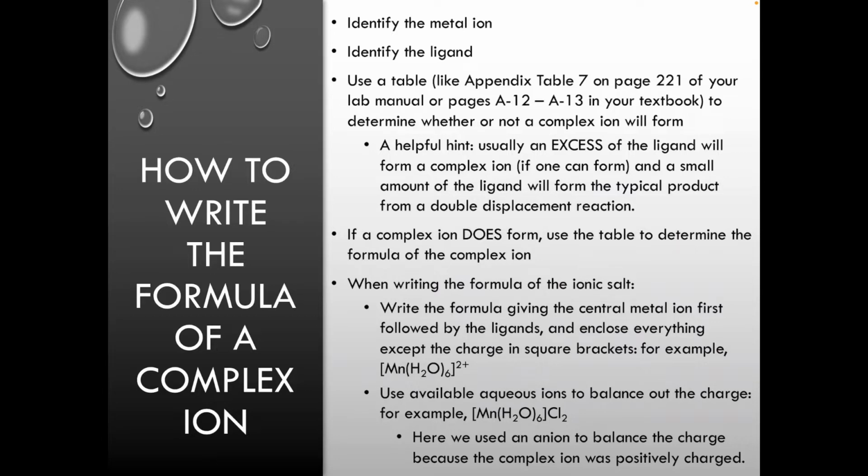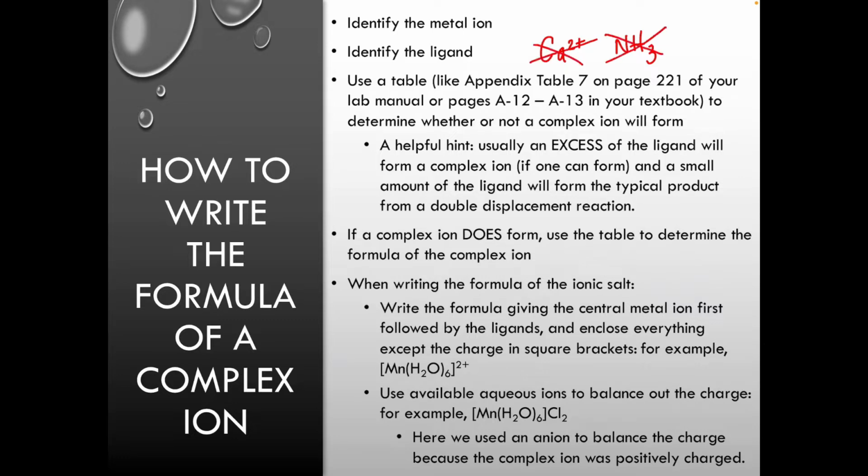Okay, and so those will kind of tell you whether or not a complex ion will form. Say I was reacting calcium and ammonia, and I want to know, will a complex ion form? Well, I would look at one of these 2 pages and I would see there are no complex ions on those tables that have calcium and ammonia together.